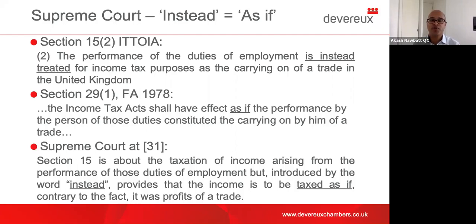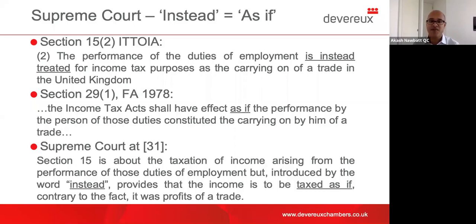The Supreme Court looked at this carefully. Lady Arden in particular was very interested in, well, what does is instead, what does it mean? And the conclusion they drew, we've set it out at paragraph 31, is on the slide.